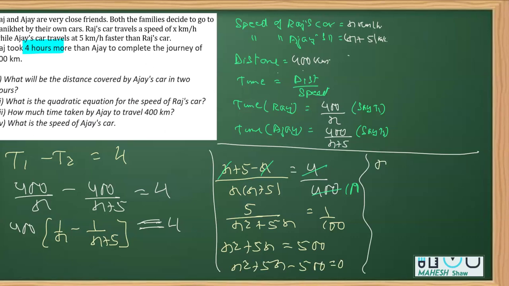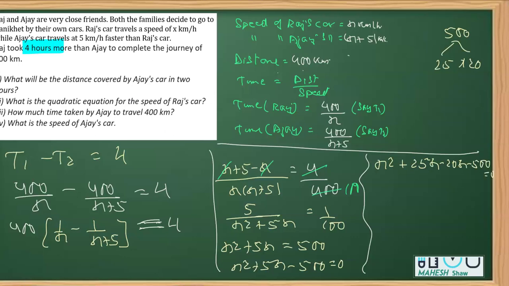splitting the middle term. So this is x squared, we need positive 500, which we can split as 25 into 20. Their difference is 5. So I can write this as 25x minus 20x minus 500 equals 0.